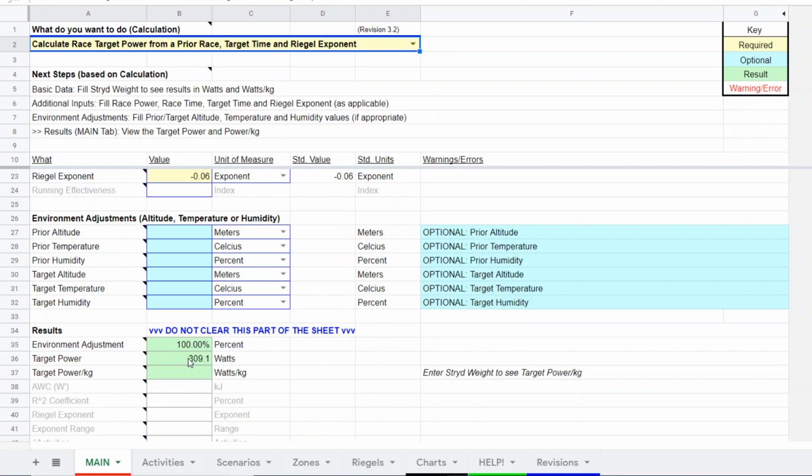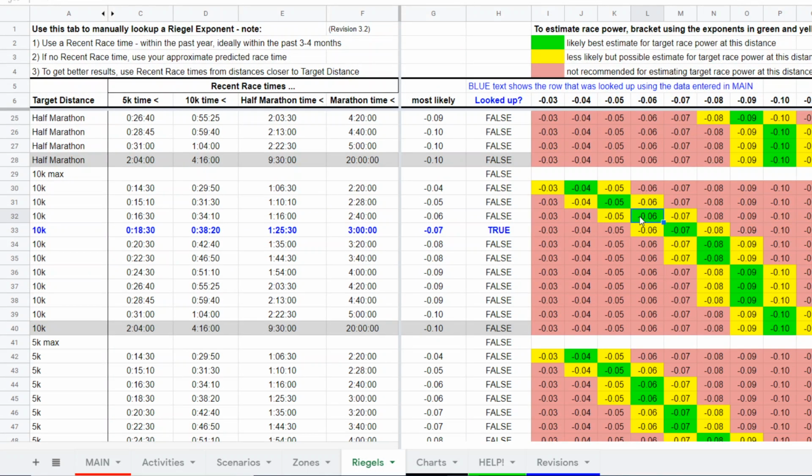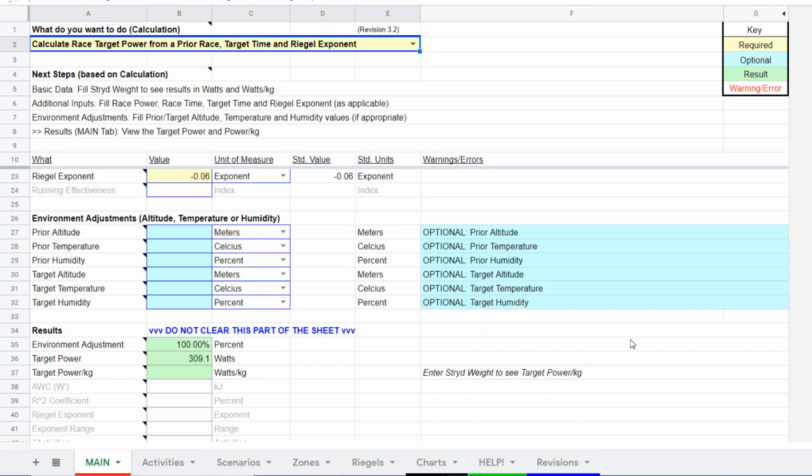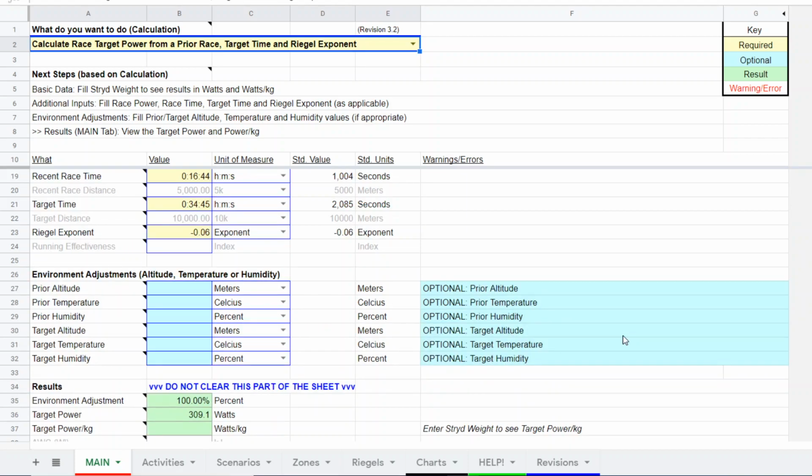Now, we could, again, go back to those other Riegels. Remember, it's possible that minus 0.05 and minus 0.07 are applicable. So I actually did this offline before the video and did the range.